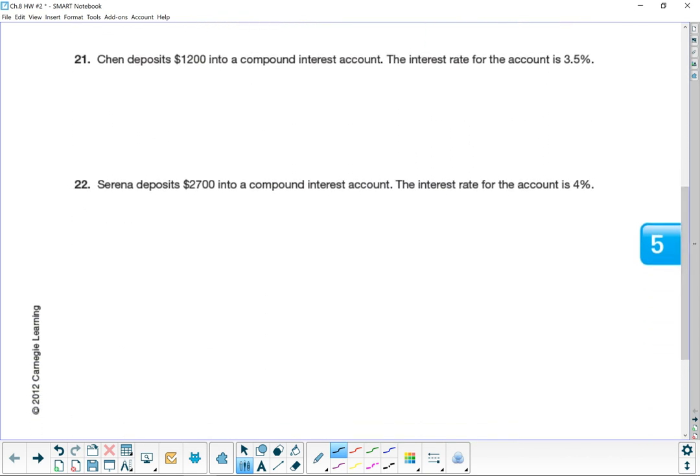All right, going with 21, P of t equals, and then your deposit is 1,200, parentheses 1 plus the interest. Interest is 3.5%. Whatever the decimal currently is, you're going to move it 2 times to the left.